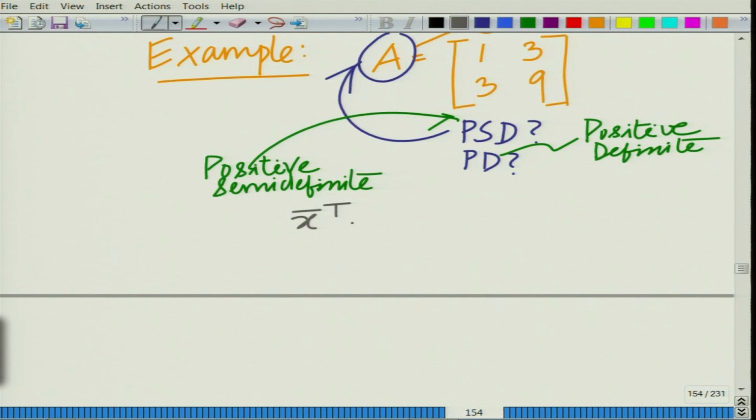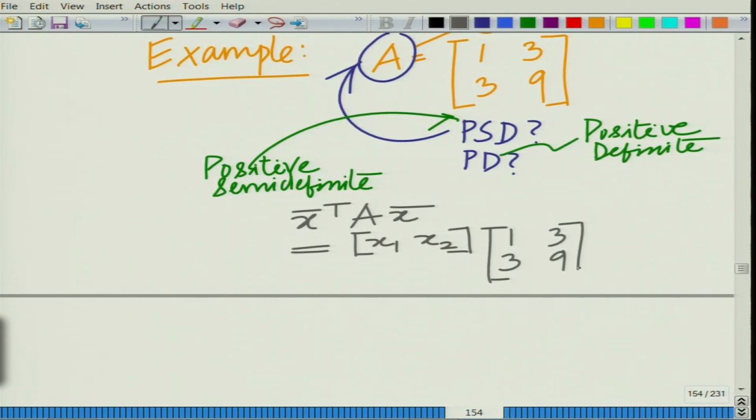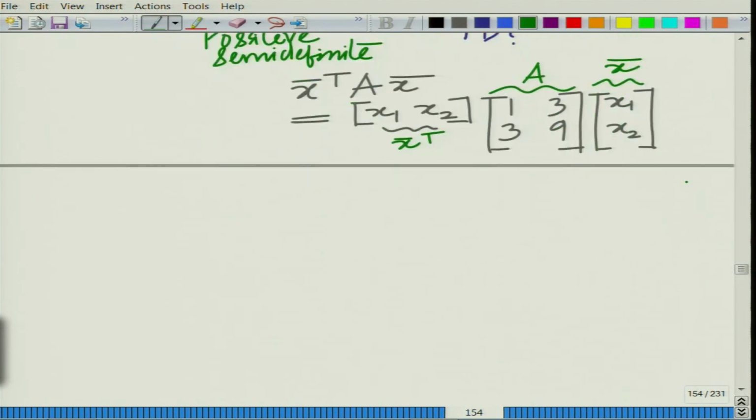So, we can look at x bar transpose A x bar, and this is equal to x1, x2. Of course, the vector x has to be 2 dimensional since A is a 2 cross 2 matrix, 1, 3, 3, 9, times x bar. This is x bar transpose, this is the matrix A, this is the matrix x bar.